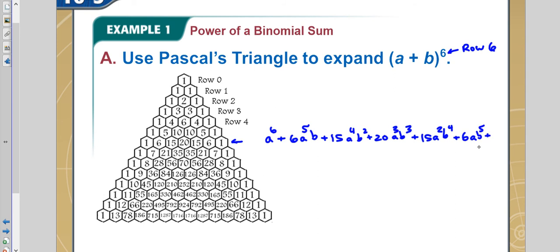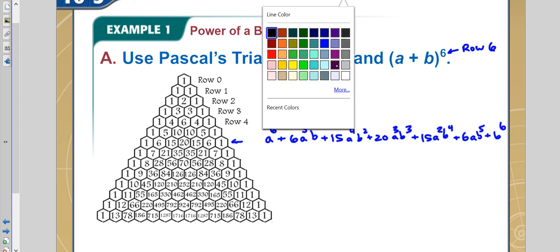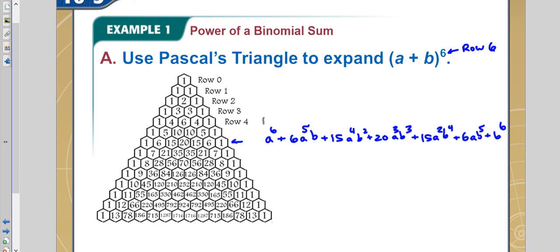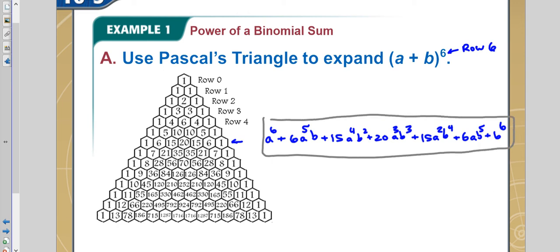And finally, the last one would be 1 b to the 6th power. Let me box this up. That would be our expansion.